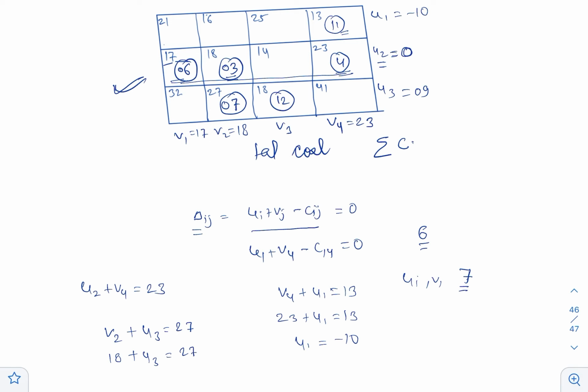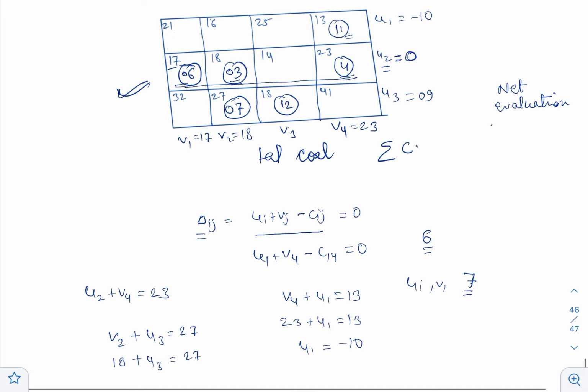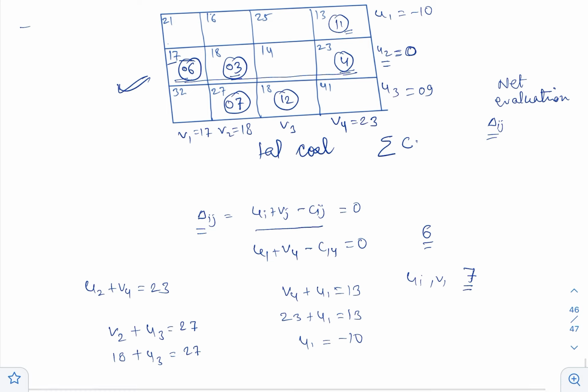Now what we do is net evaluation for those cells which are not basic, that means which do not have any units allocated. So for that we evaluate delta ij. Let us calculate delta ij for the remaining cells.